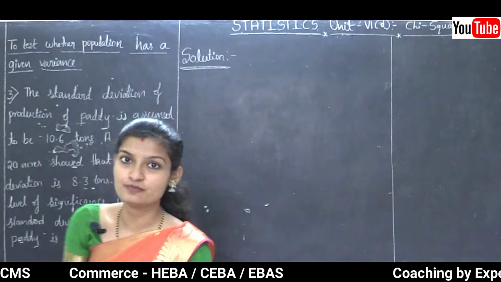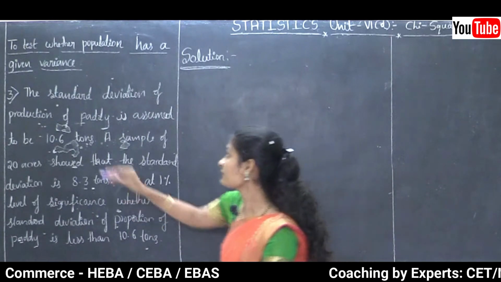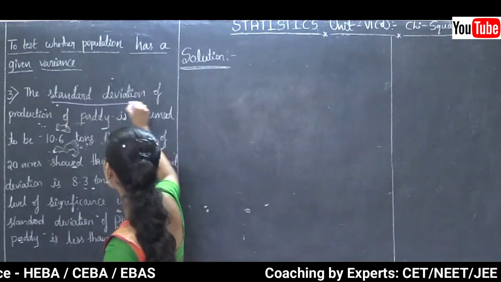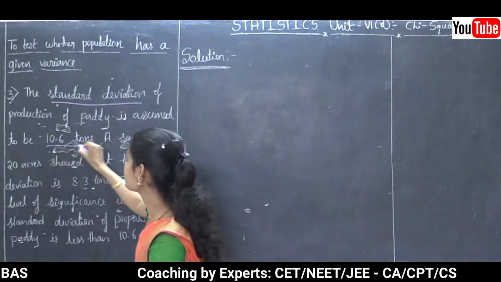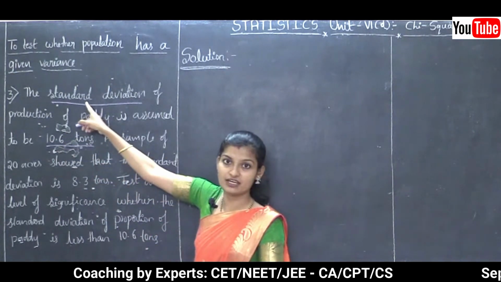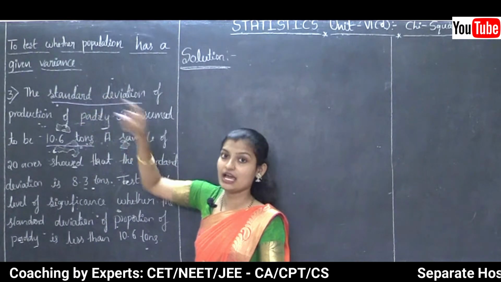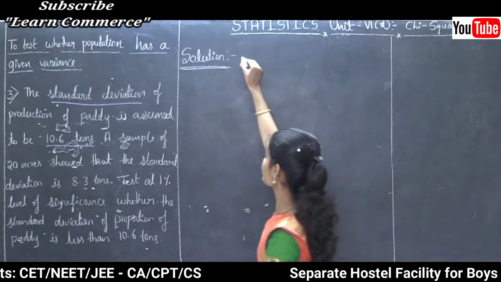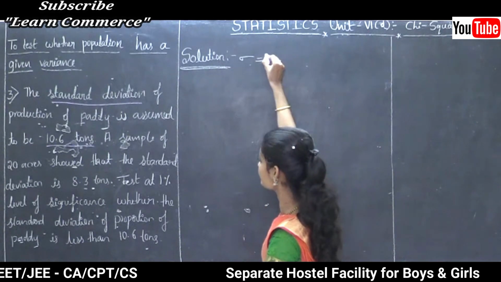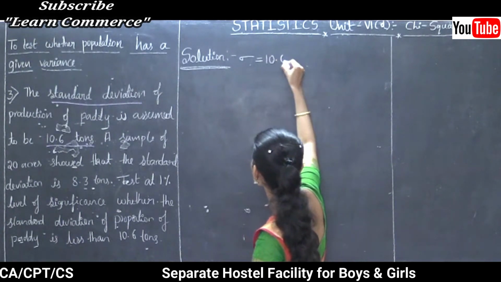See, here the given observations are: the standard deviation of production of paddy is assumed to be 10.6 tons. This is the population standard deviation, and we know that population standard deviation is denoted by sigma. So sigma is equal to 10.6 tons.